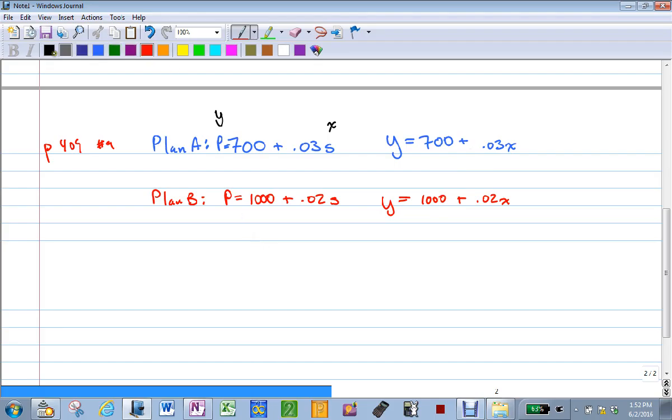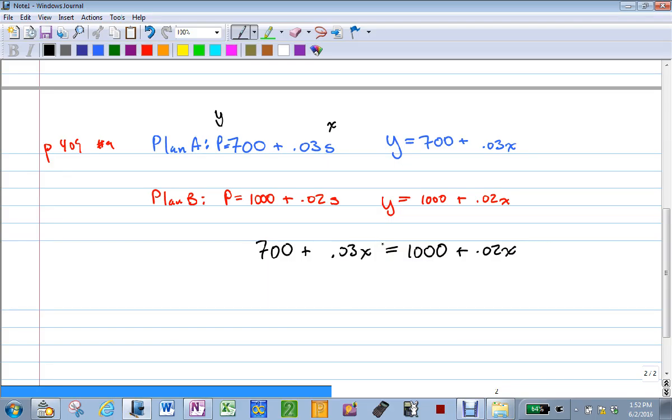So isn't this 700 plus 0.03x, because y equals that, and isn't it this? Then we can solve that in our sleep, can't we?